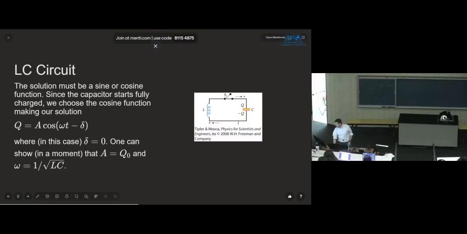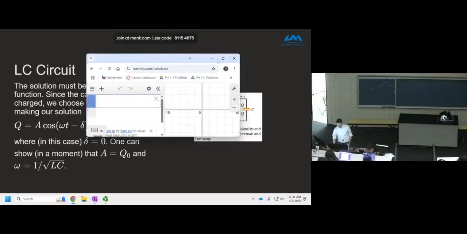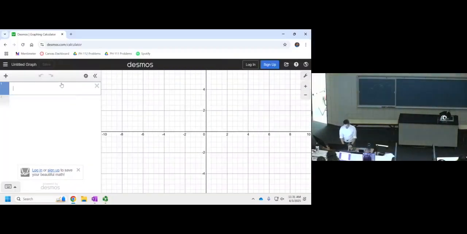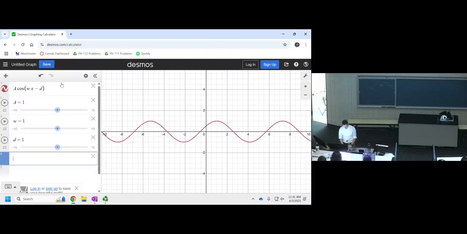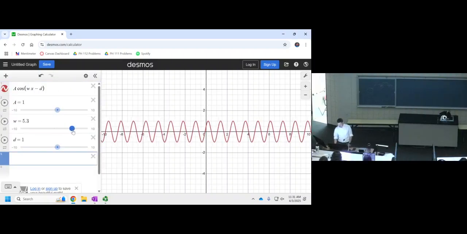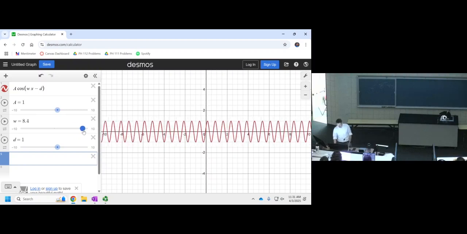If I open up Desmos here, just like we've done several times before, open up the graphing calculator, and I say A times the cosine of omega x minus delta. Will it let me do delta? No. Omega x minus d. Then setting omega is going to adjust how close together the wave is.